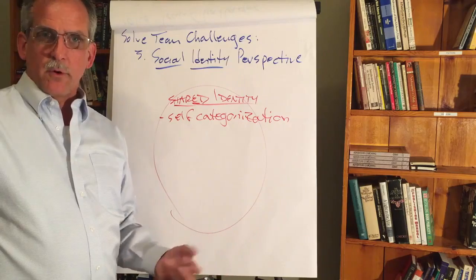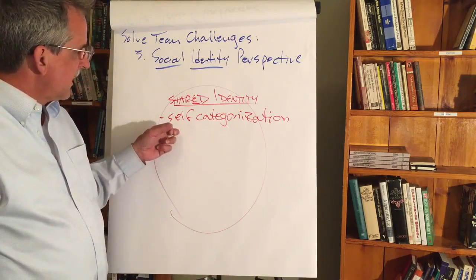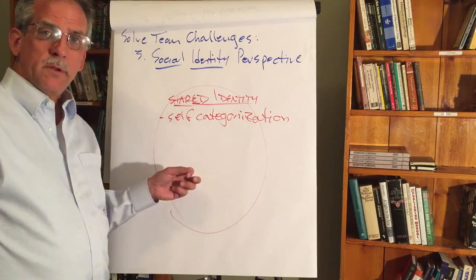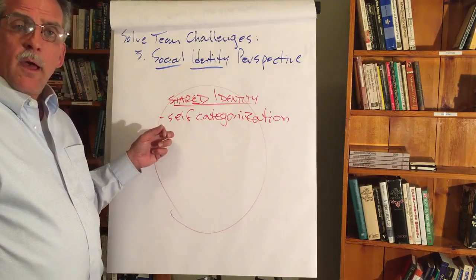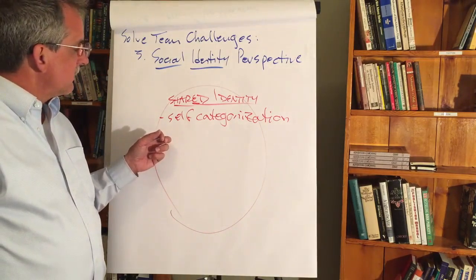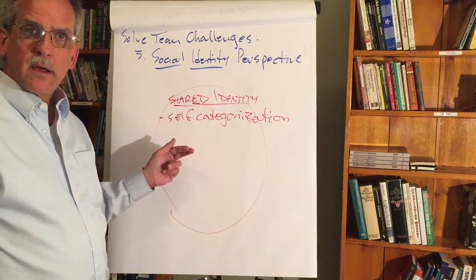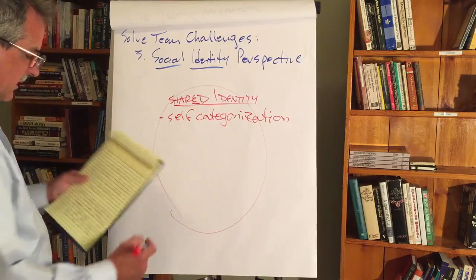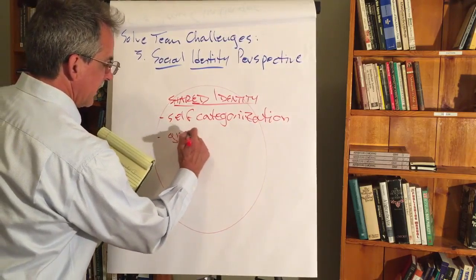They're bright, they're talented folks, they can go anywhere, they're well compensated. So they could choose to leave, as one does. They could be fired, as one is. They could assume different positions, as a couple of them do. And the whole idea of self-categorization leads to things like group goals.